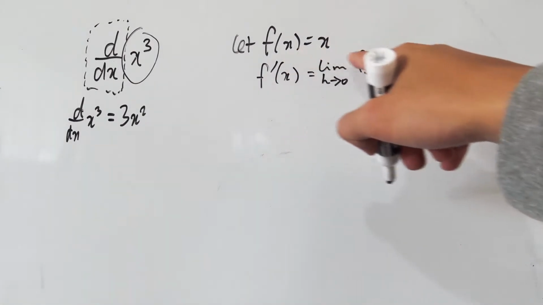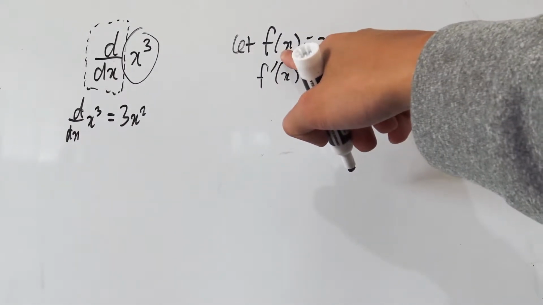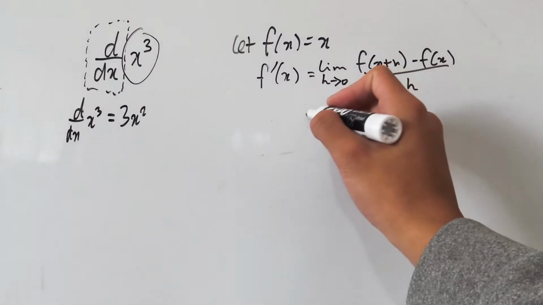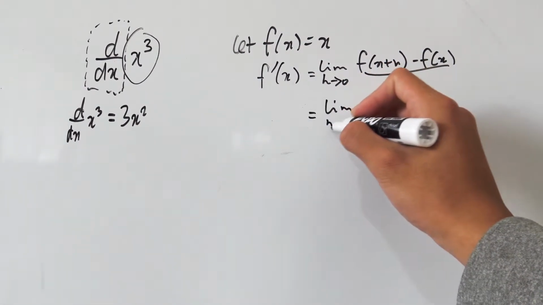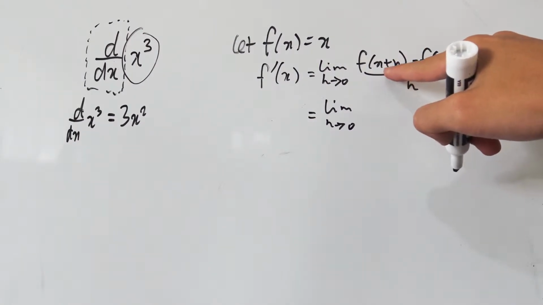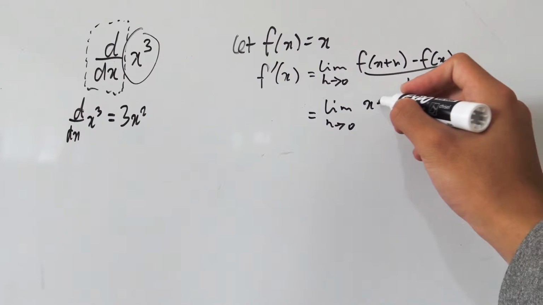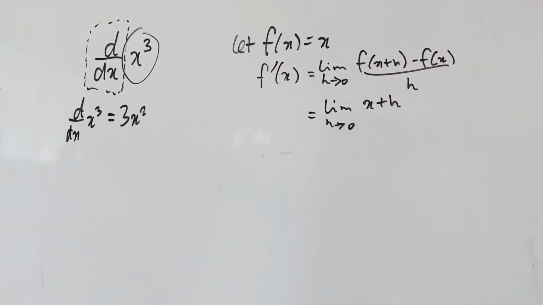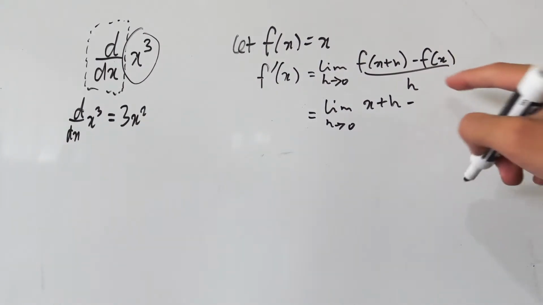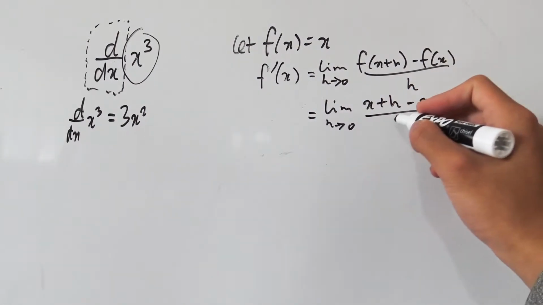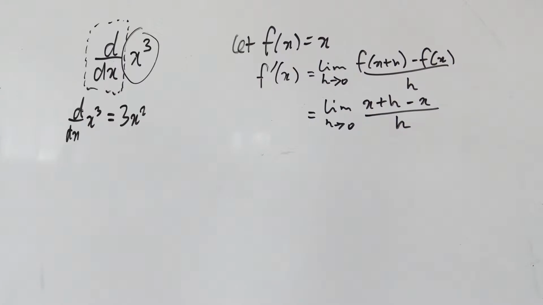And f of x is just x, so whatever input we put into our function, we're just going to get the same output. So this becomes the limit as h approaches 0. We're plugging in x plus h here, so what we get out the end from our function is just x plus h. And then we're subtracting f of x, but f of x is just x, and we're dividing everything through by h.